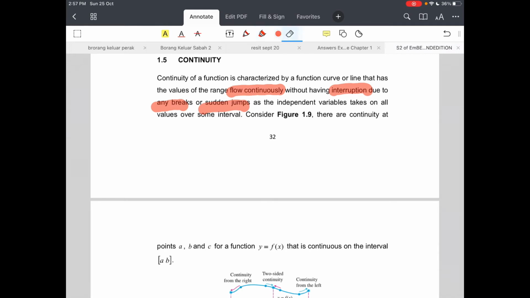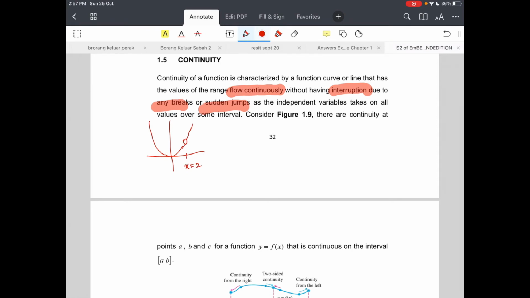The breaks here mean, for example, if we have a quadratic and we have a hole here, this is considered a break, so it is not continuous at this point, maybe x equals 2.